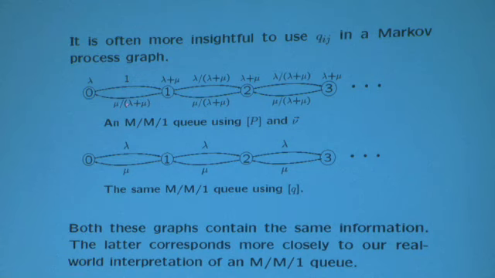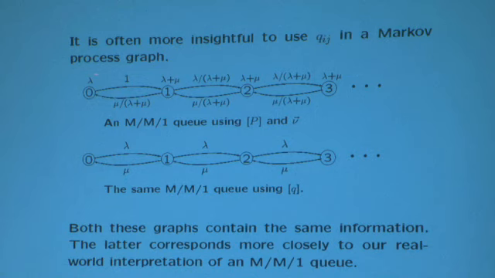So when you're sitting in state 0, the only place you can go is to state 1. If you're in state 0, the server is idle. You're waiting for the first arrival to occur. The next thing that happens has to be an arrival because it can't be a service. So the transition here is with probability 1.